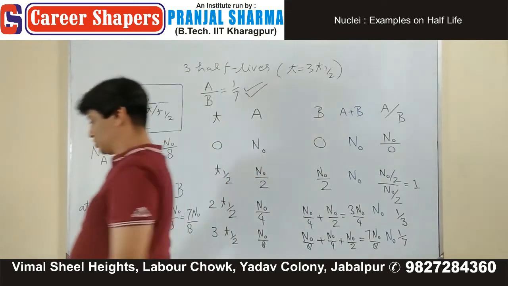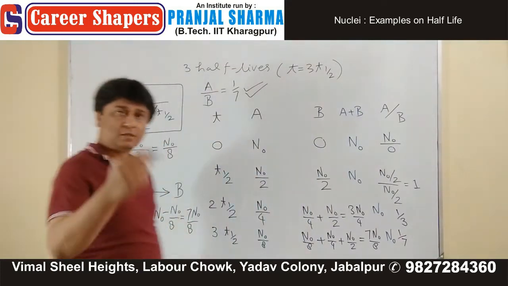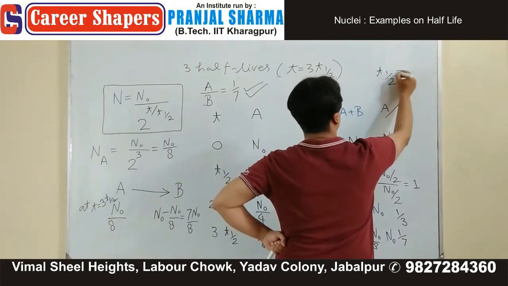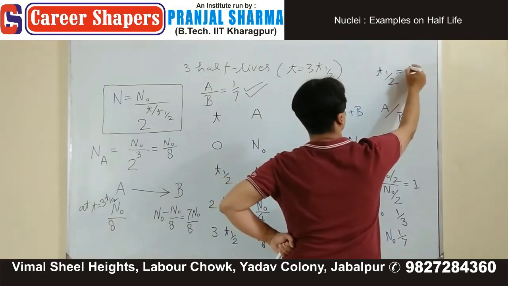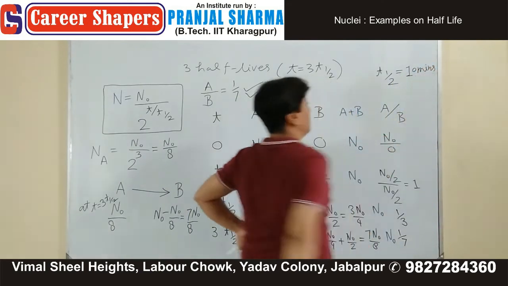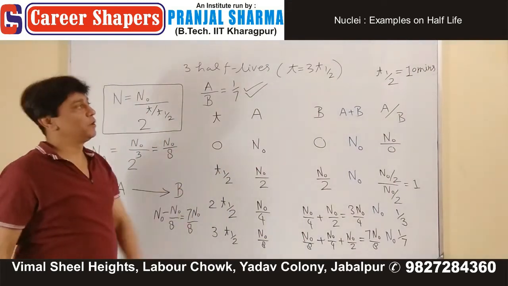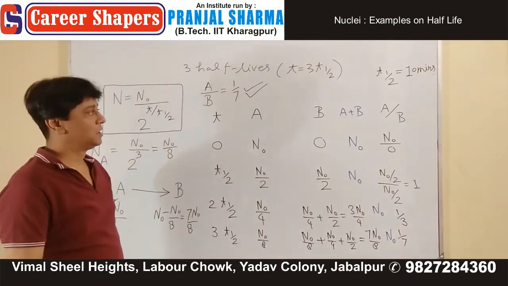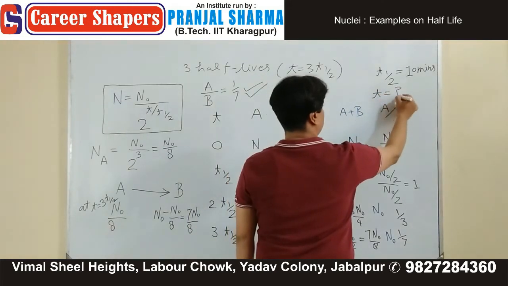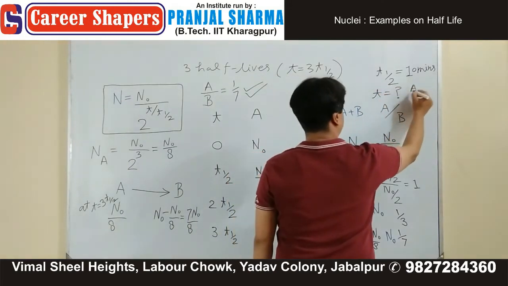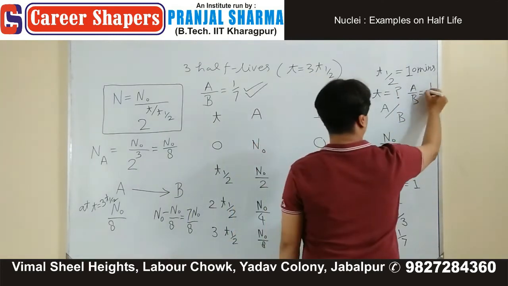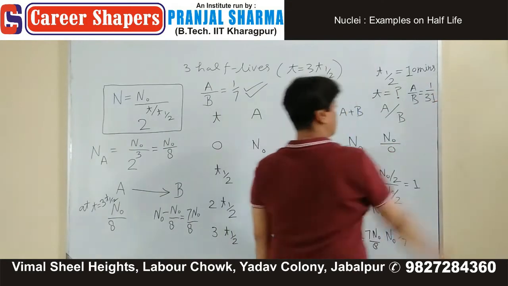Now answer this question. Half-life of a radioactive sample is 10 minutes. After what time will the ratio of A and B be 1/31?